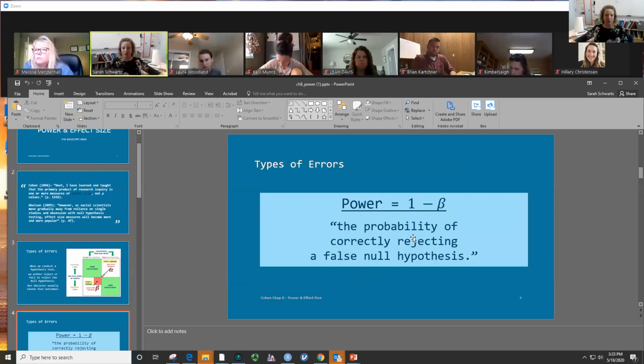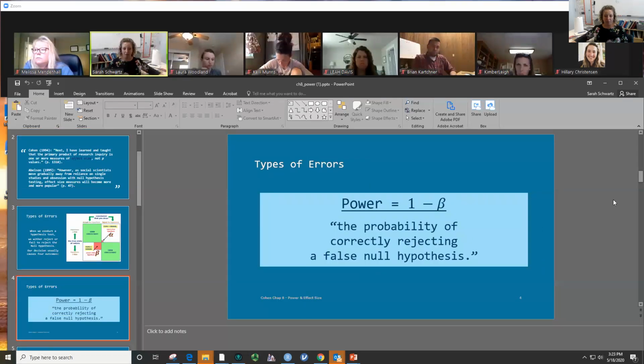So let's go with the definition of power. Power is the probability of correctly rejecting a false null hypothesis. So when you do the scientific method, you have an idea that there is some effect. There's something going on. That's why you're studying it, right? Whatever it is you're studying.